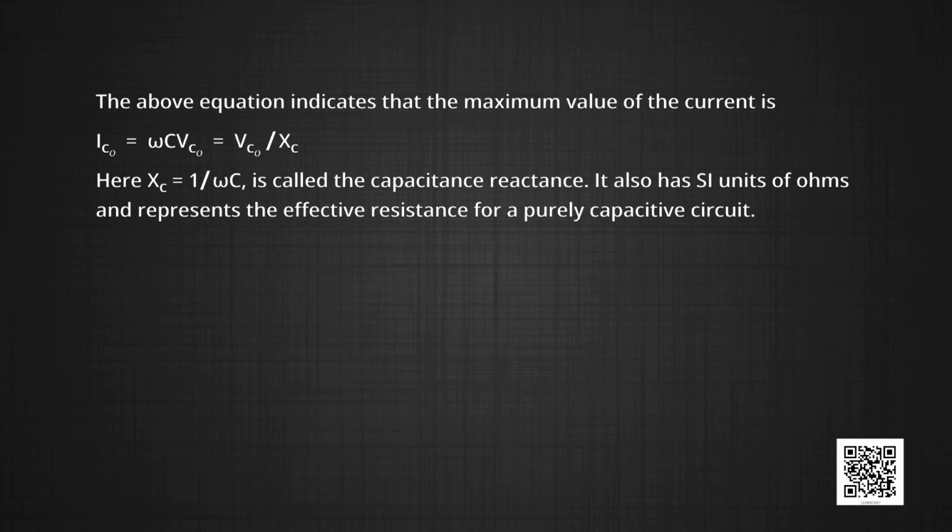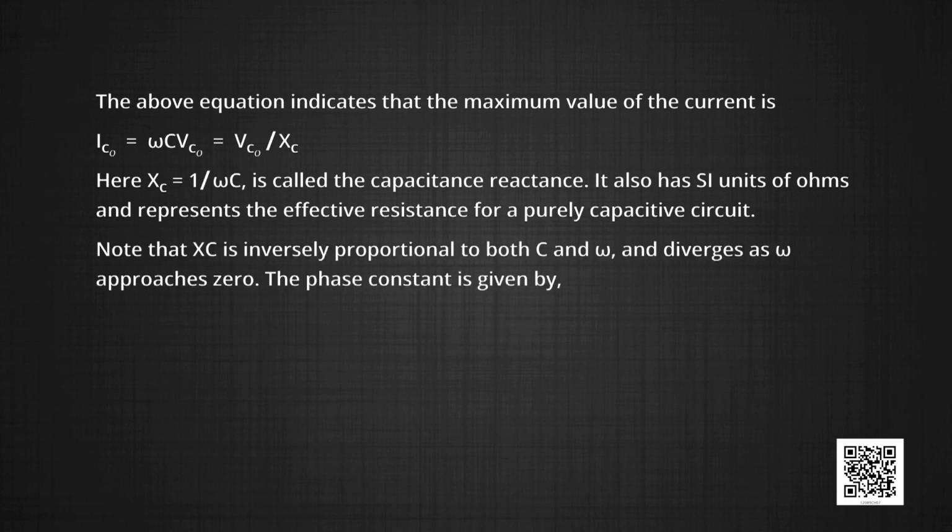It has the same unit as resistance, it is measured in ohm, and is the effective resistance for a purely capacitive circuit. We can note here that Xc is inversely proportional to both C and omega, where C is the capacitance of the capacitor in the circuit and omega is the angular frequency, and it diverges as omega approaches 0.